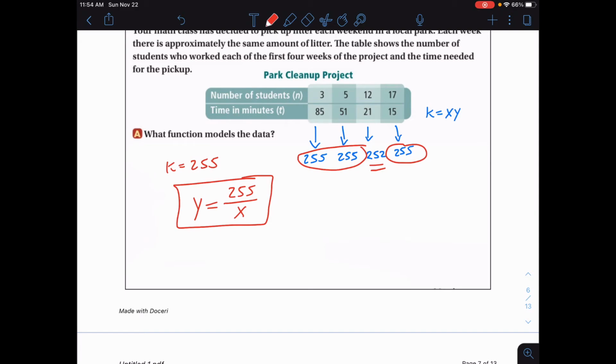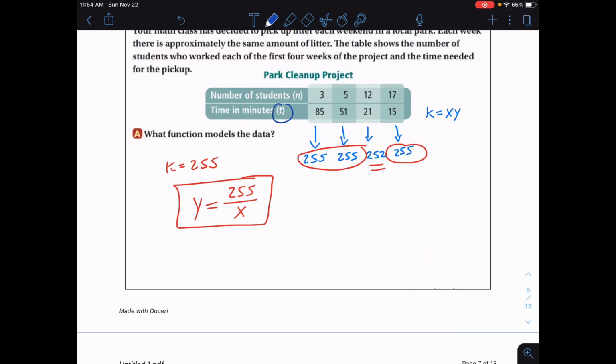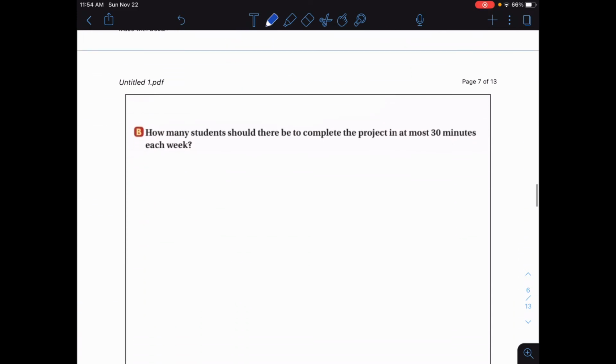So let's say instead of writing it this way, let's write this using the variables they used, so we'll say t equals 255 over n. We just wrote a very generic inverse one, but now we're using the correct form for the word problem. So t equals 255 over n, where n is the number of students.